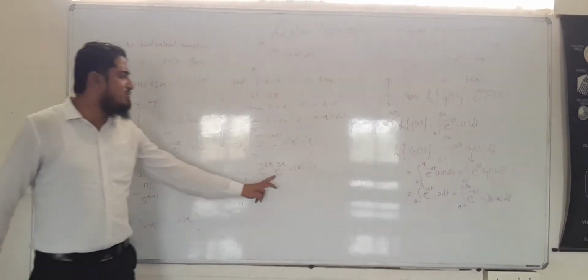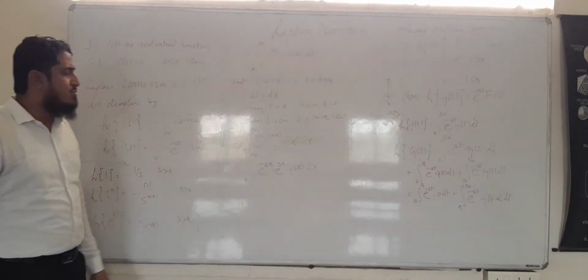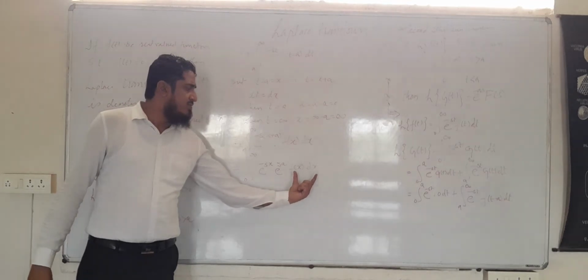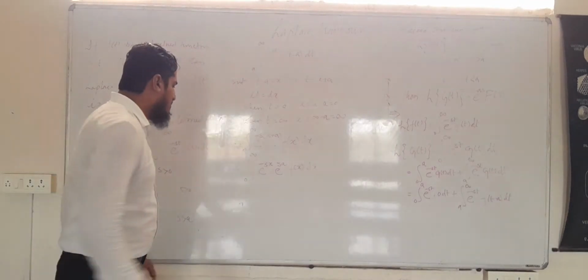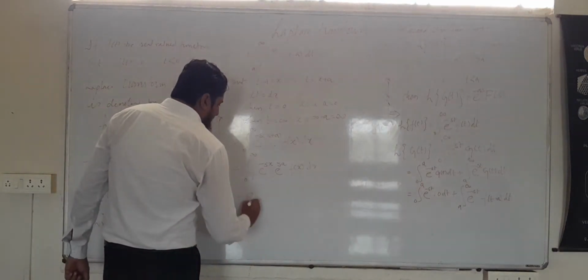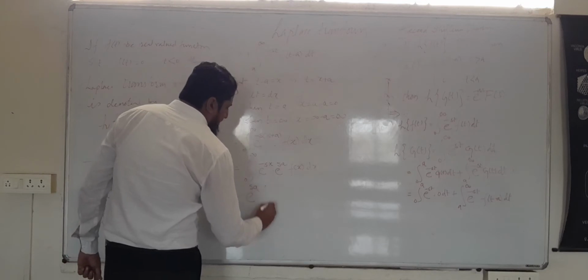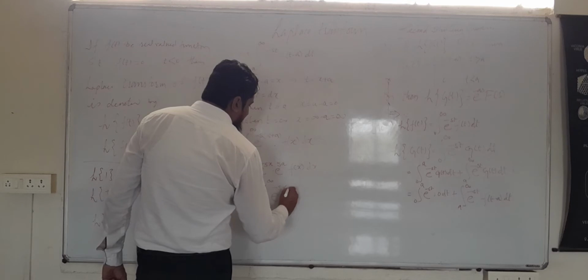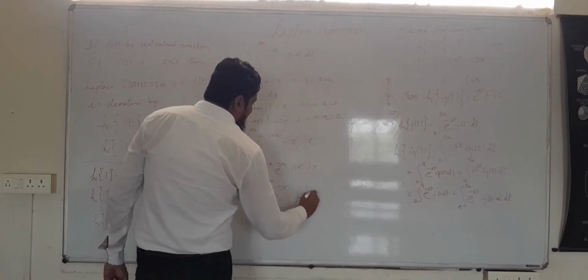Since e raised to minus sa is a constant term, because the integration is with respect to x, we can take it outside: e raised to minus sa, integration from 0 to infinity of e raised to minus sx f of x dx.